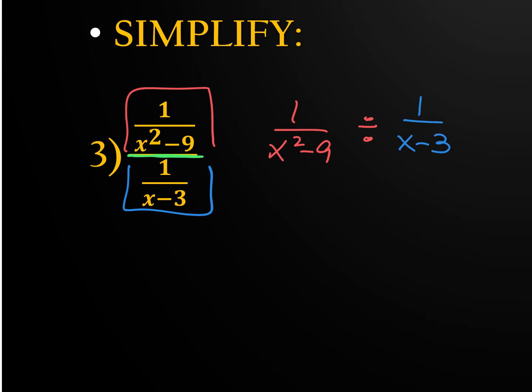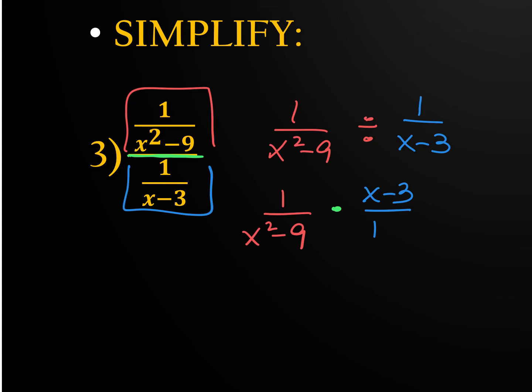Going to keep, flip, change it, or stay, change, whatever you want to memorize it as. So this stays the same. I'm going to change the division to multiplication, and I flip this fraction upside down.